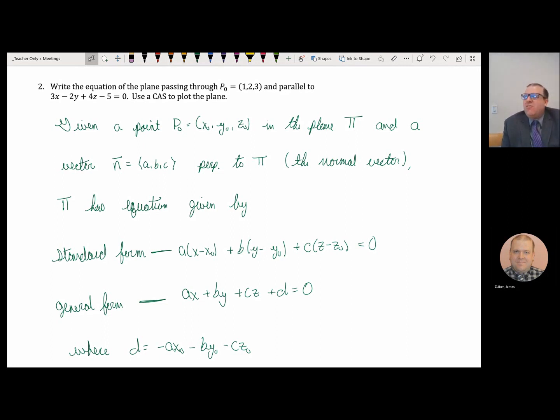We're told it has to be parallel to a specific plane. Perfect.